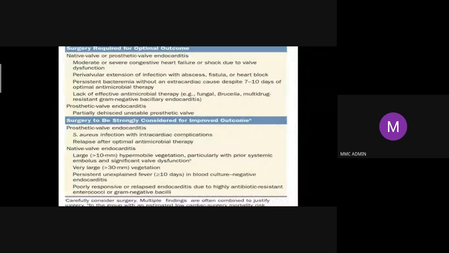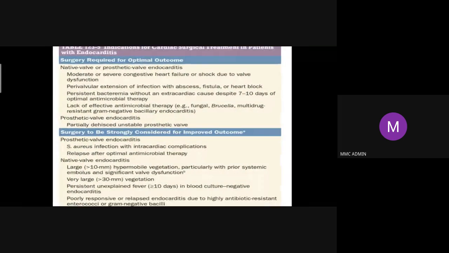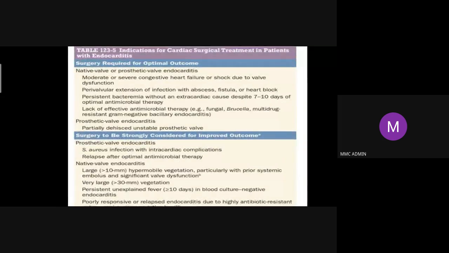There is a table showing which patients need surgical intervention.